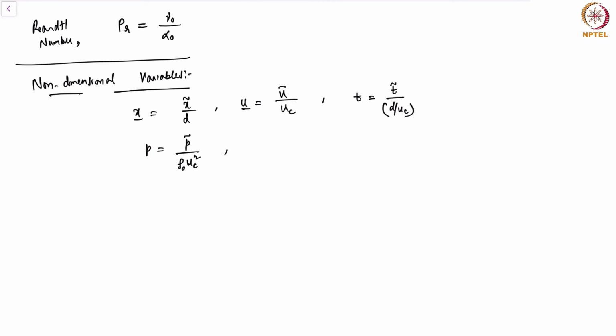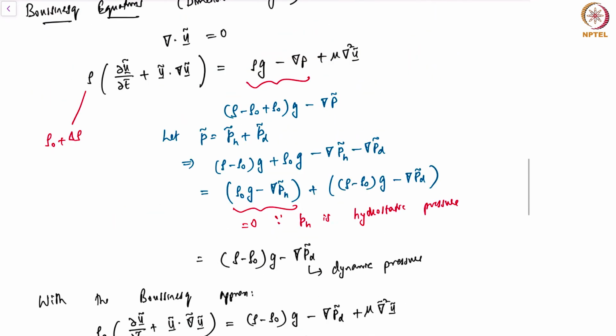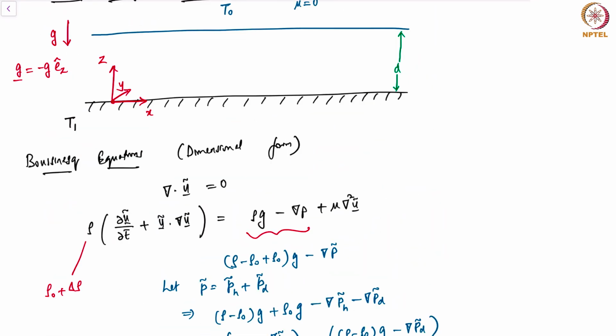Now for temperature, what we want to do is define a non-dimensional variable whose value is between 0 and 1. Because when you heat the fluid from the bottom, the fluid at the bottom will have temperature T1 and the fluid at the top will be close to temperature T0. Therefore, anywhere in the bulk you could expect the temperature between T1 and T0.